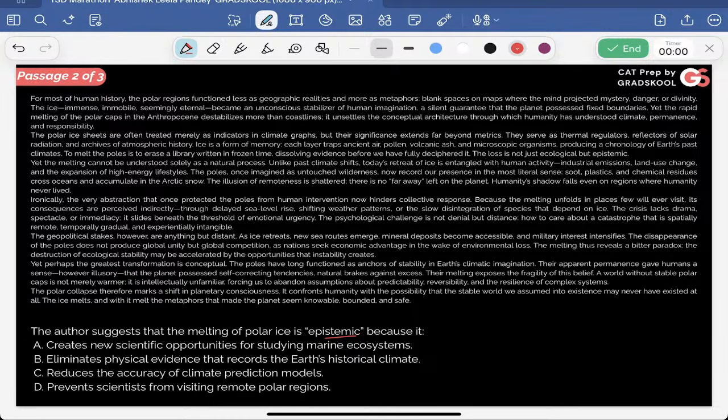So this is something that is related to knowledge. Epistemic because it creates new scientific opportunities for studying marine ecosystems. Then we have eliminates physical evidence that records the Earth's historical climate, reduces the accuracy of climate prediction models, prevents scientists from visiting remote polar regions. Okay, all four options are totally different.